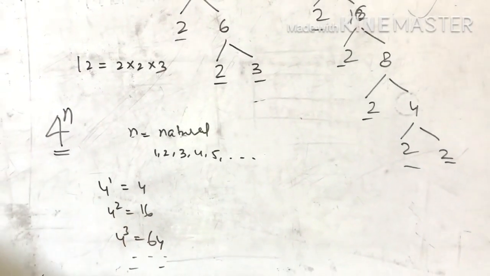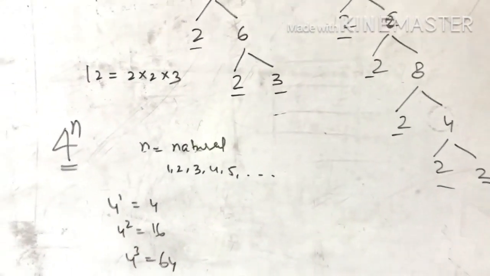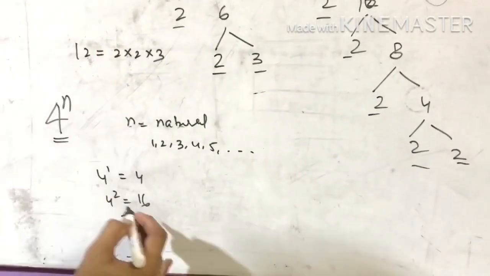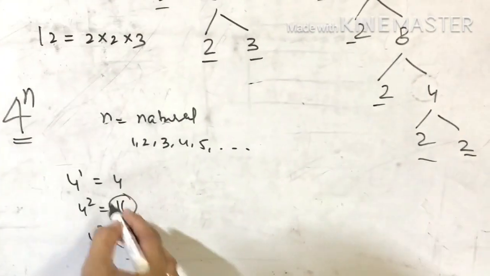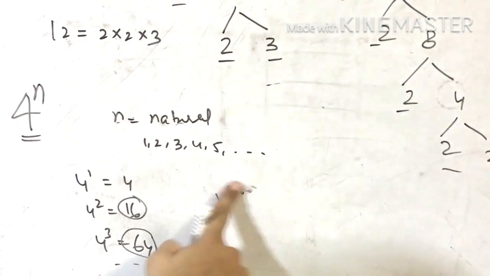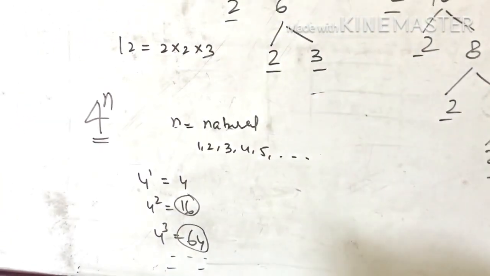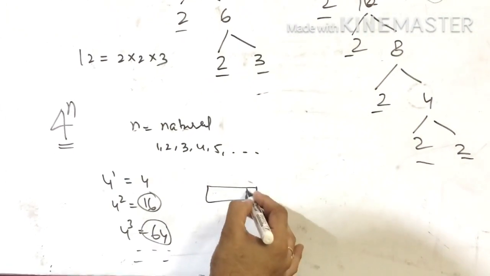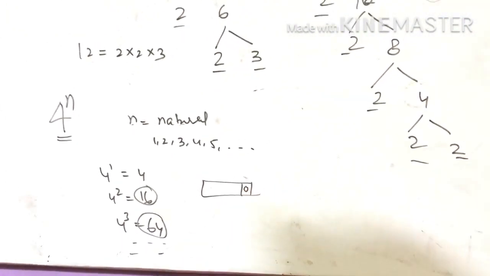So their question is, check whether there is any value of n for which 4 to the power n ends with digit 0. That means as you are getting these numbers, there is some power, maybe something like 1000. Any power, that is the value of n, whatever answer will come, its unit digit will be 0.